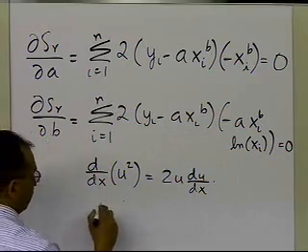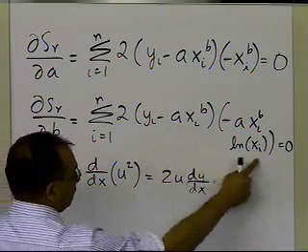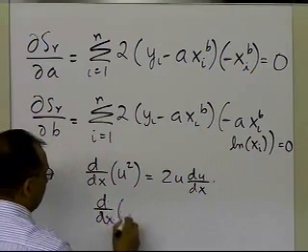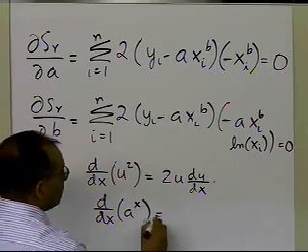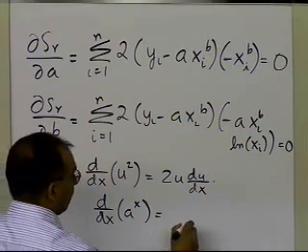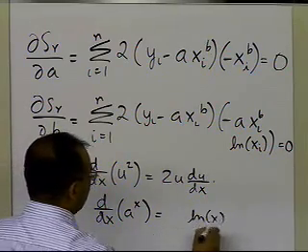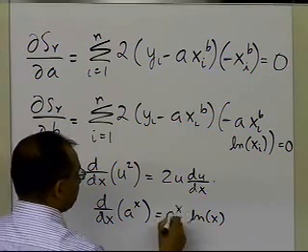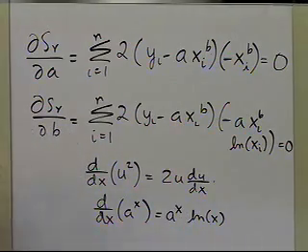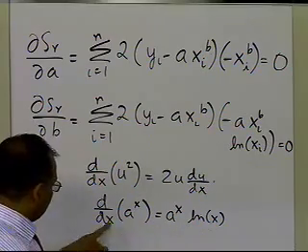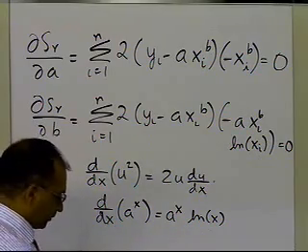And the other one which I'm using here is simply this formula: d by dx of a raised to power x is nothing but log of a times a raised to power x.